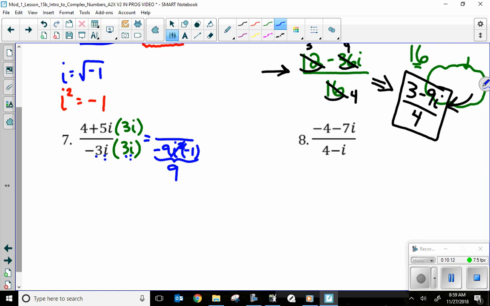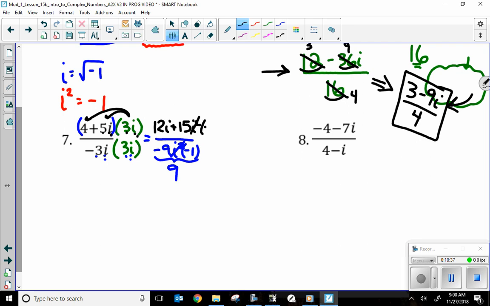Simple. Now let's not forget we need to distribute our top. Okay? So 3i times 4, well, that's just 12i. 3i times 5i, well, 5 times 3 is 15, plus 15. I times I is I squared.